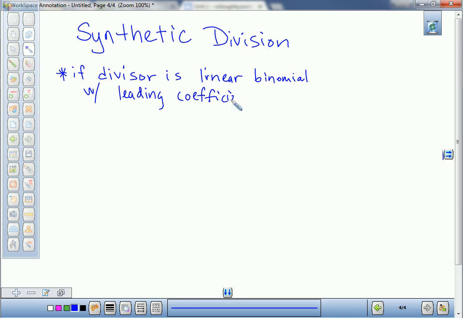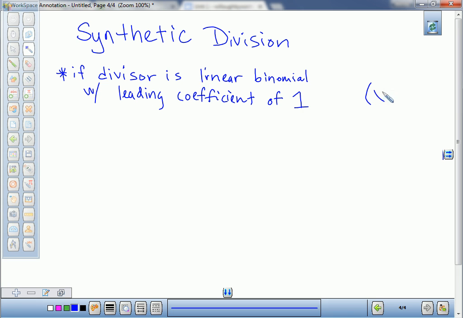Now truly, if the divisor is a linear binomial, you can do synthetic. It doesn't have to have a leading coefficient of 1. But we've noticed over the years that if you try to do fractions, sometimes the math gets ugly. So we're going to stick with synthetic division if your divisor is a linear binomial with a leading coefficient of 1. So what does that mean?